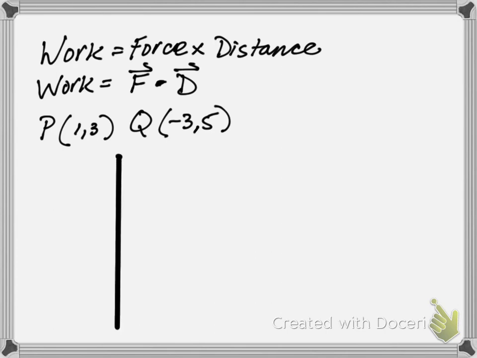I'm going to give myself a little XY axis here and say that I have P at (1, 3), like here. And I'm going to say I have Q at (-3, 5), like here. And I want to move from point P to point Q. I want to move like that.